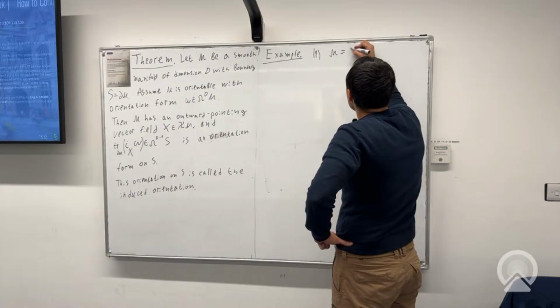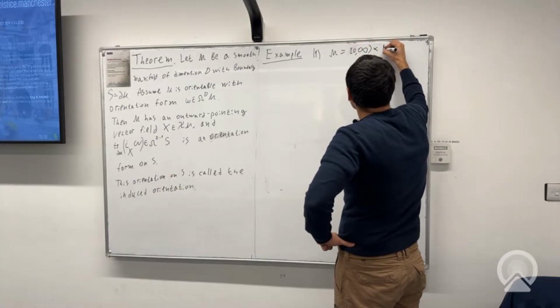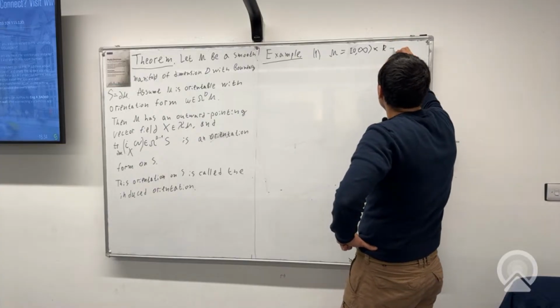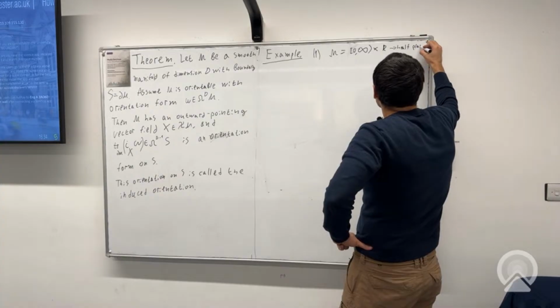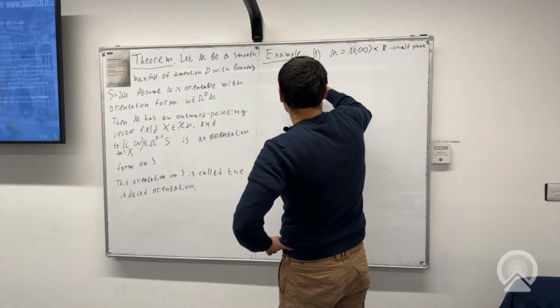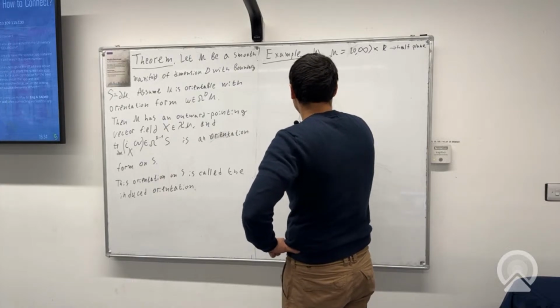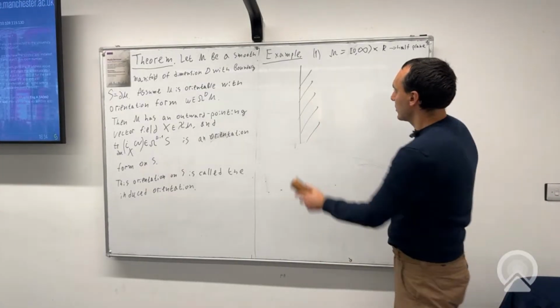So M is 0 to infinity times R, a half plane. So we have the plane like here. Can you suggest an outward pointing vector field?